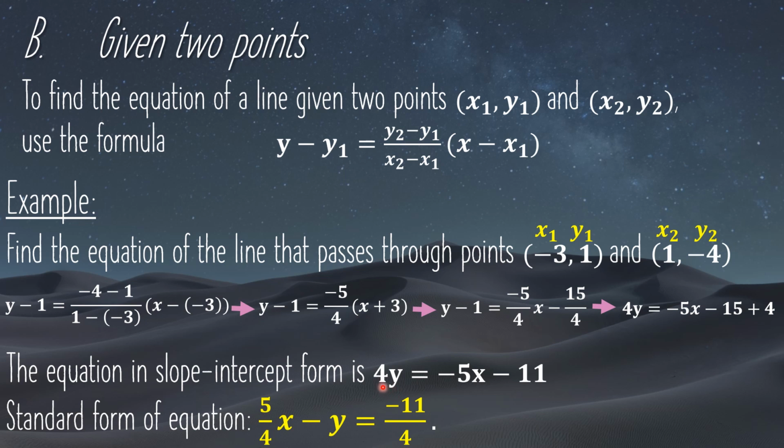So, kailangan nating makancel yung 4 dito by dividing the whole equation by 4. So, 4 divided by 4 is 1. So, naging negative y or positive y. And then, ito ay magiging negative 5 over 4. Tinranspose natin, naging positive 5 over 4. And then, negative 11 over 4. So, ito na yung ating standard form.